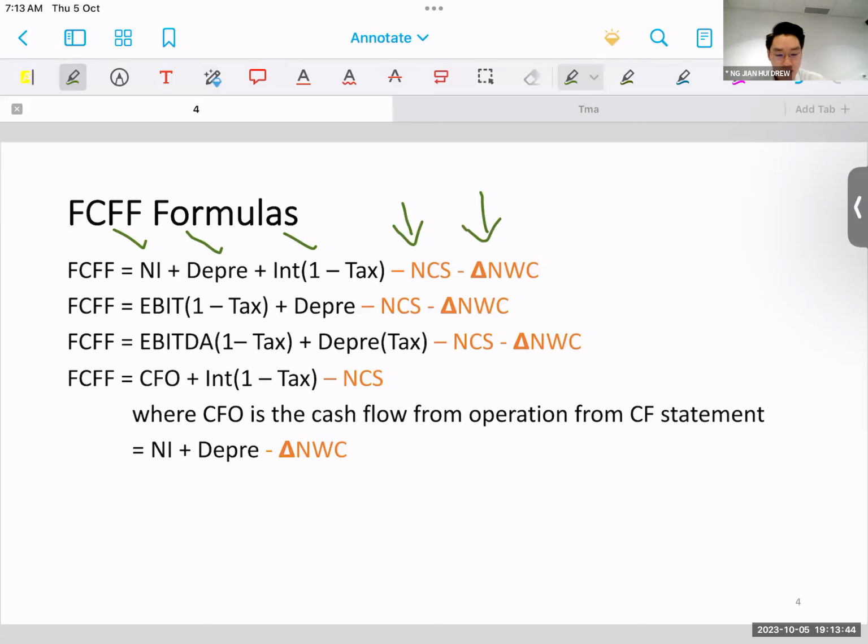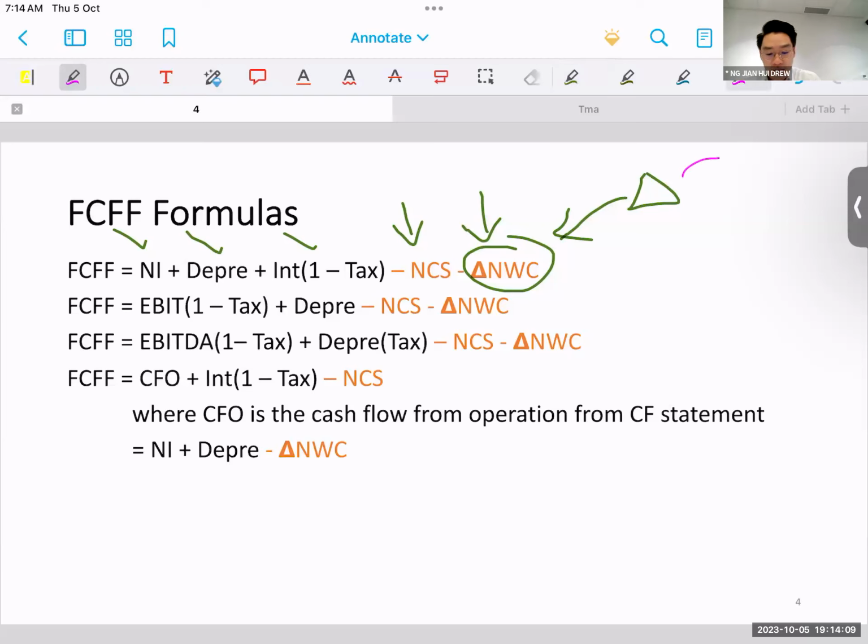At this point, I want to highlight that this is the change. Quite a few students in the TMA just used net working capital in the calculation, but that's incorrect. You need to use the change in net working capital. I believe in lecture 2 I tried to stress this point, and I would like to stress it once again.